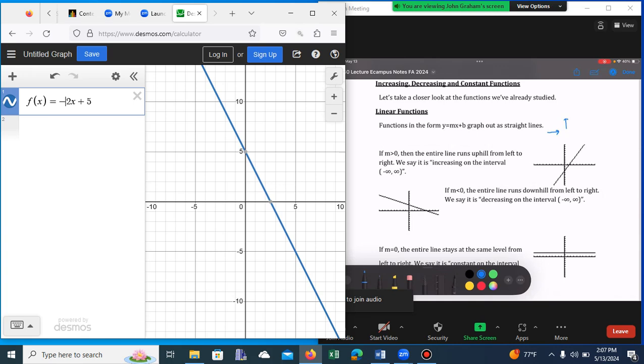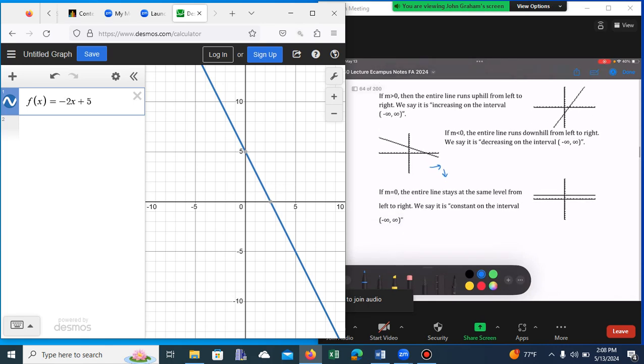And that is as you go to the right, you go down. Okay? And there m will be less than 0. And then the last thing is if it's constant, then it's a straight line. You don't have an x term, so m is equal to 0. So there's no slope. It stays the same, so the function equals the same number every time.